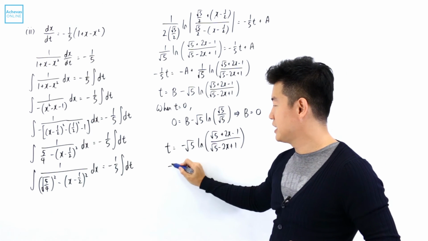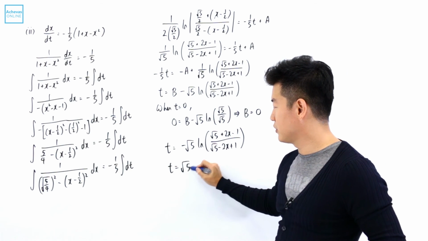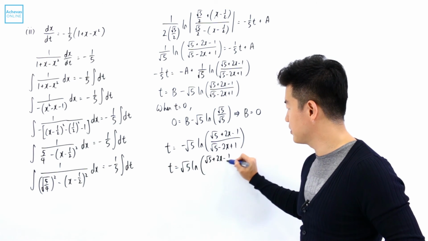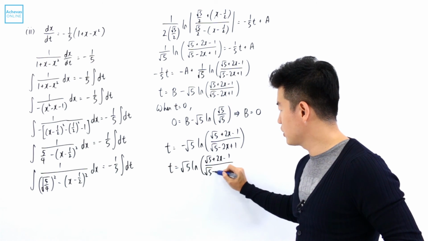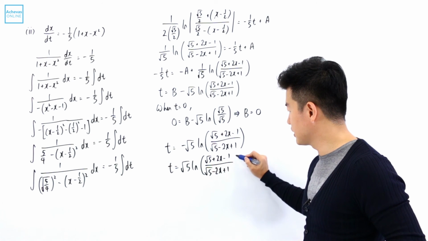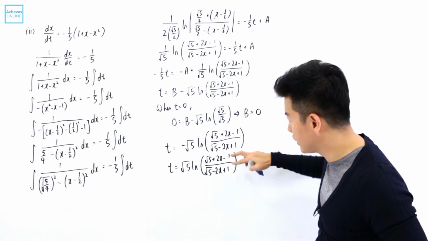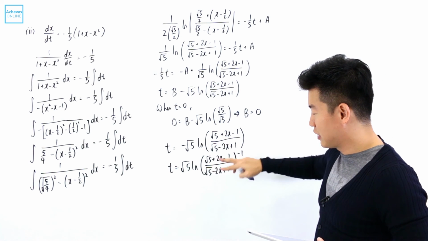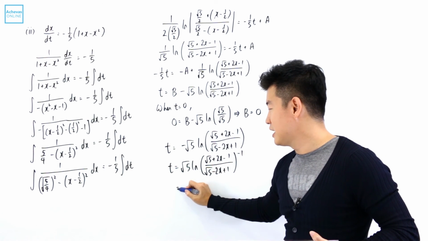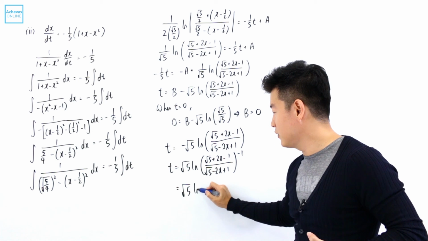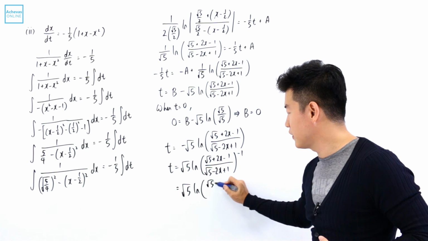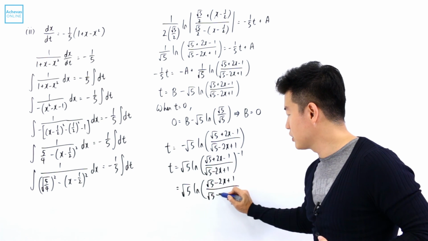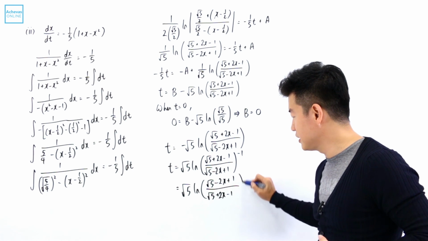So t is equal to square root of 5 ln of ((square root of 5 plus 2x minus 1) over (square root of 5 minus 2x plus 1)) to the power of minus 1. I can remove the minus 1 by taking the reciprocal. So t is going to be square root of 5 ln of (square root of 5 minus 2x plus 1) divided by (square root of 5 plus 2x minus 1).